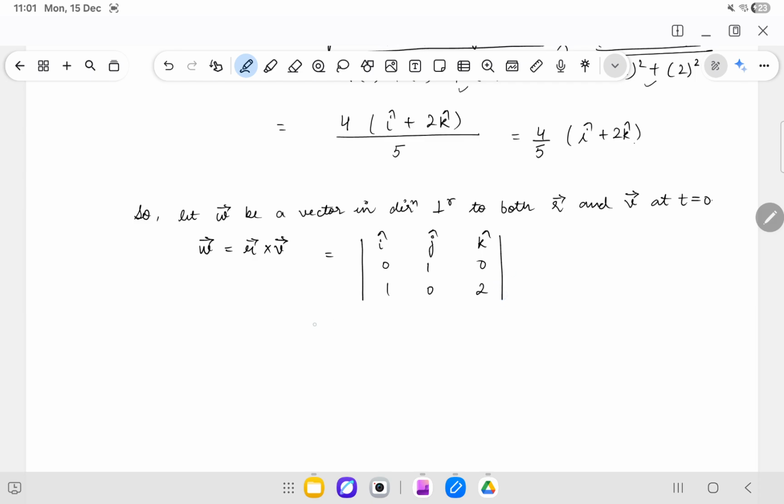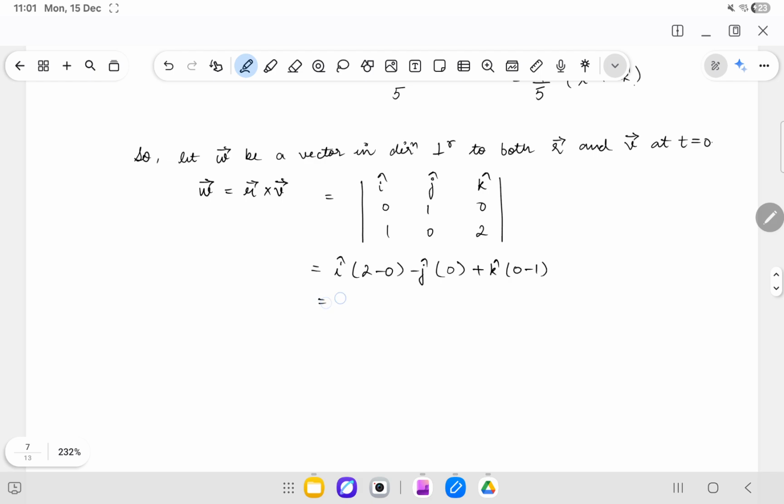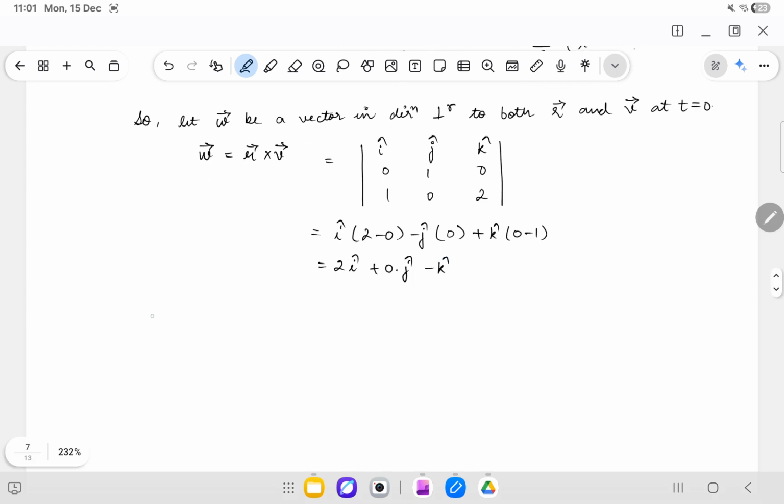So it will be equal to i cap times 2 minus 0, minus j cap times 0, plus k cap times 0 minus 1. So it will be equal to 2 i cap plus 0 j cap minus k cap. Now we are supposed to evaluate the component of acceleration in the direction of w vector.